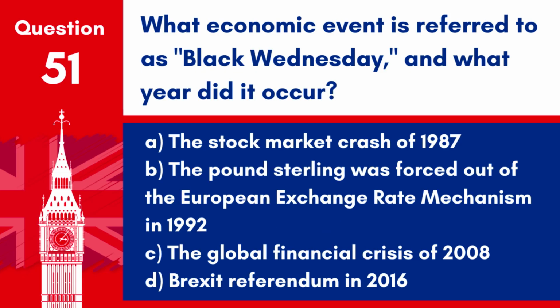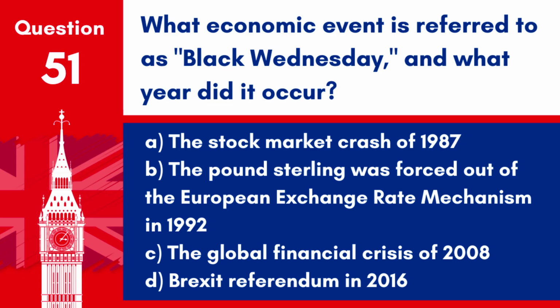Question 51. What economic event is referred to as Black Wednesday, and what year did it occur? A. The stock market crash of 1987. B. The pound sterling was forced out of the European exchange rate mechanism in 1992. C. The global financial crisis of 2008.